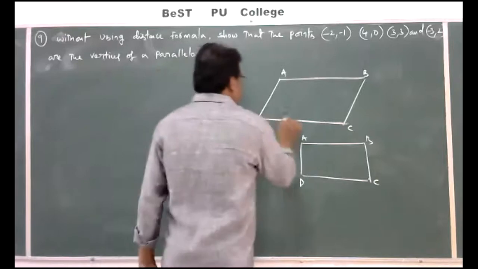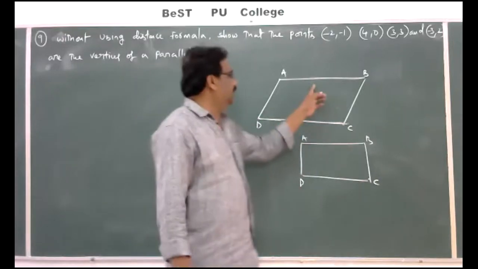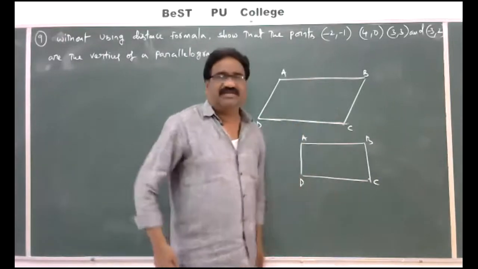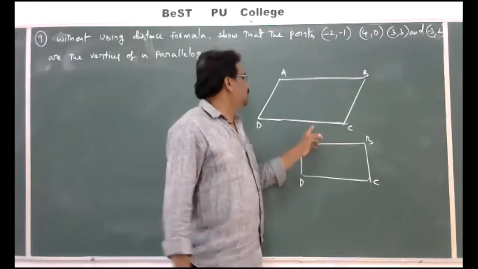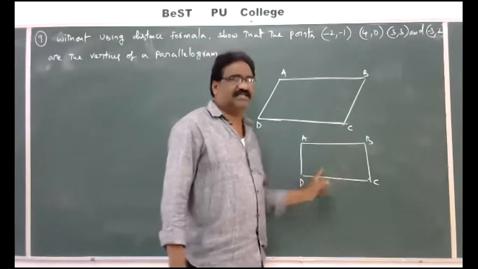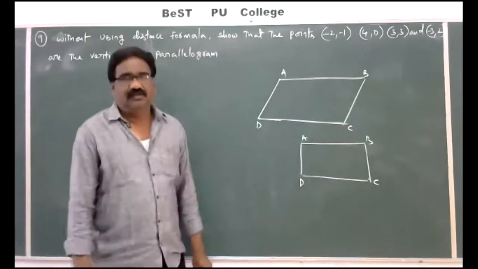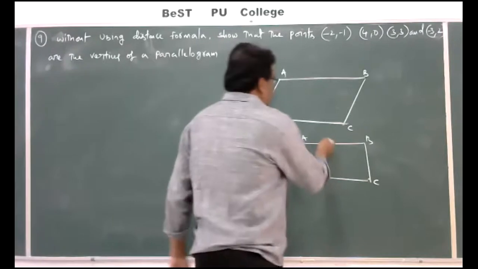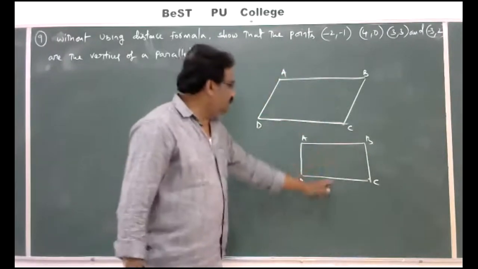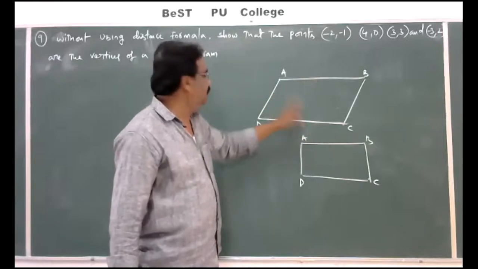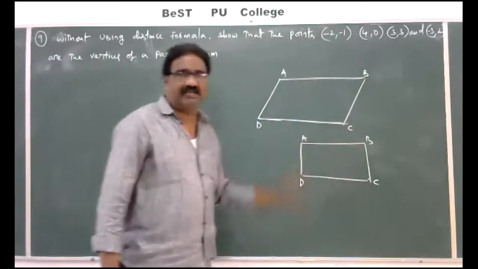What is the difference? In parallelogram and rectangle, both opposite sides are parallel. Here opposite sides are parallel, here also. Next, length of the opposite sides equal in both. Here opposite sides equal, here also opposite sides are equal.